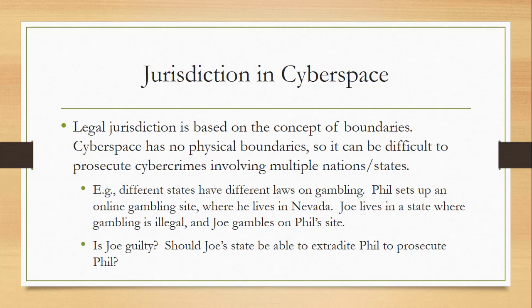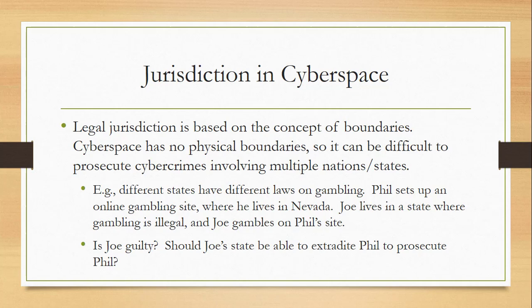In this situation, is Joe guilty of breaking a crime? Joe was physically located in a state in which it was illegal, but Joe was on a website that was created by someone who was in Nevada where it's legal. Also, should Joe's state be able to extradite Phil to prosecute Phil?